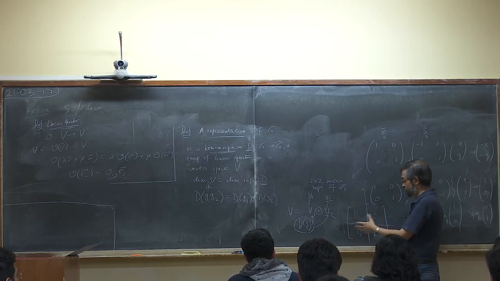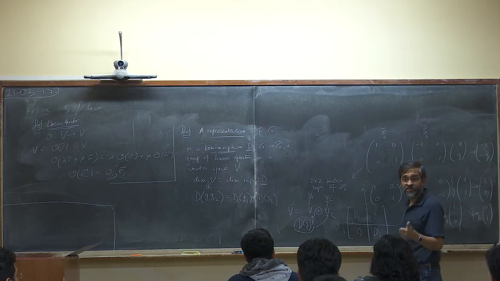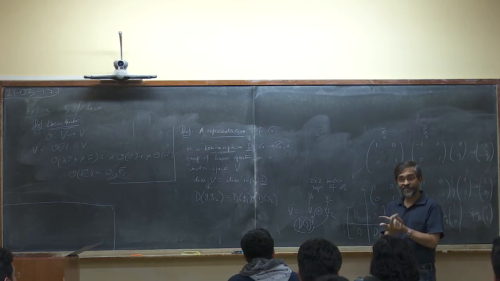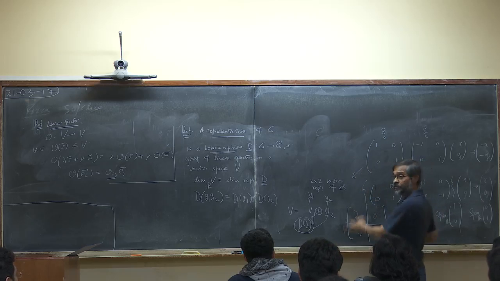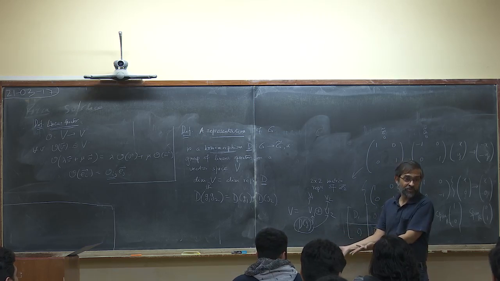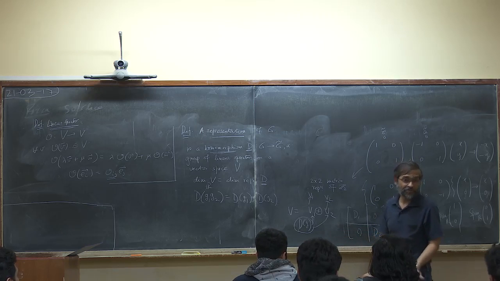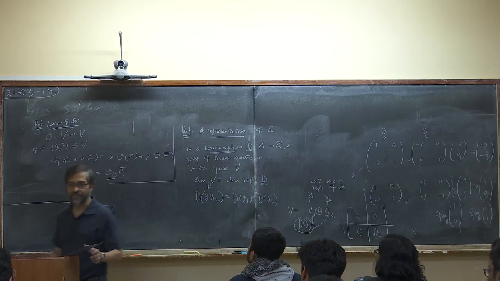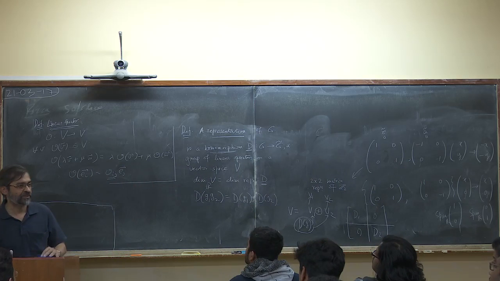So just by looking at it, but the point is, something is a reducible representation if you can find a basis such that it becomes block diagonal. Okay, but that basis may not be how it comes to you. So how do you know whether it's a reducible representation or an irreducible representation? So there are tricks of the trade for that. Okay, so I'll deal with it.